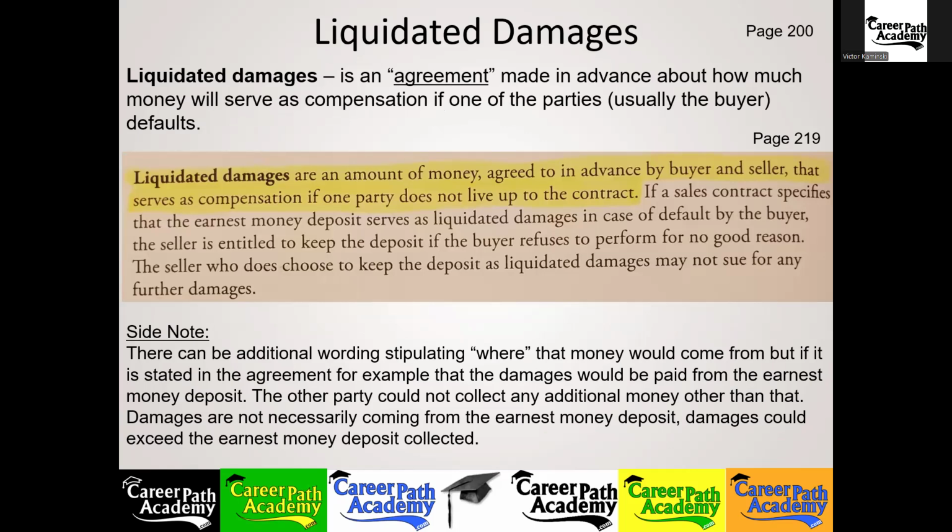Before we do, though, it looks like we have something else we got to go through here. The term liquidated damages. Liquidated damages is just an agreement made in advance about how much money will serve as compensation in the event that one of the parties, usually the buyer, defaults on the contract. So let's highlight this on page 219.